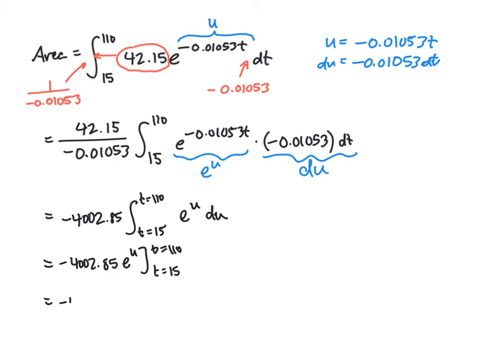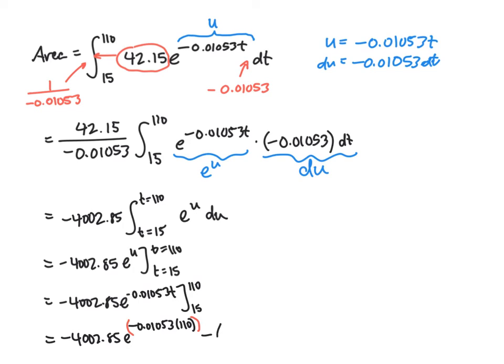So I've got to plug back in what u was: negative 4002.85 e to the negative 0.01053 t. Now I need to plug in 110 and 15. So I've got negative 4002.85 e to the negative 0.01053 times 110. Make sure when you type that in your calculator, you put that whole exponent in parentheses.